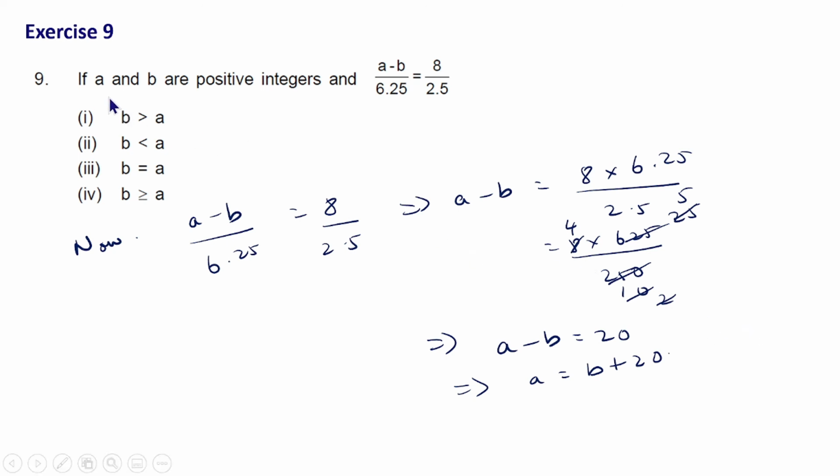So here it is given a and b are positive integers. So if a is equal to b plus 20, it means b is less than a. So the correct option is b is less than a. So the correct option is option 2. So this implies a greater than b or b less than a.